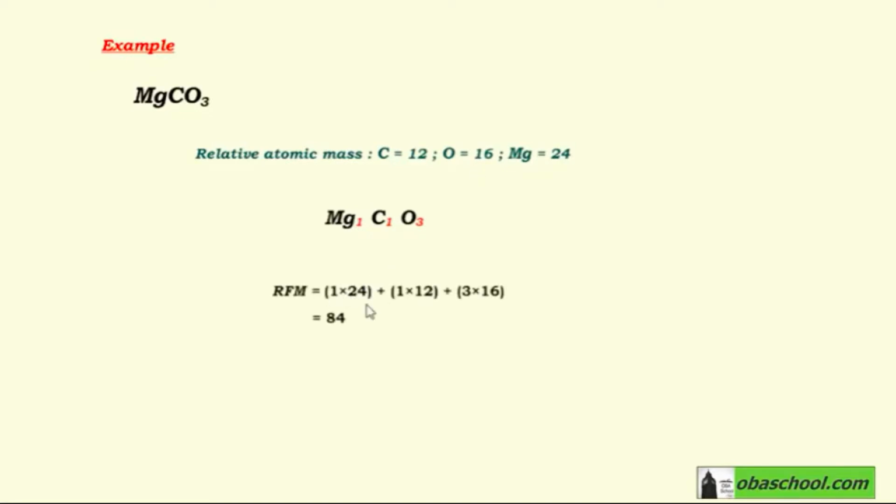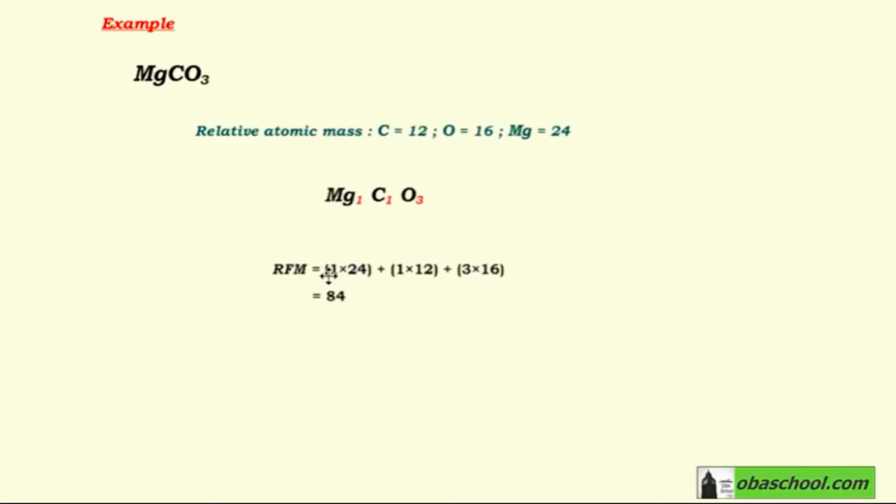So 1 times 24, for magnesium, plus 1 times 12, for carbon, plus 3 times 16, for oxygen, equals 84. So 84 is the relative formula mass.